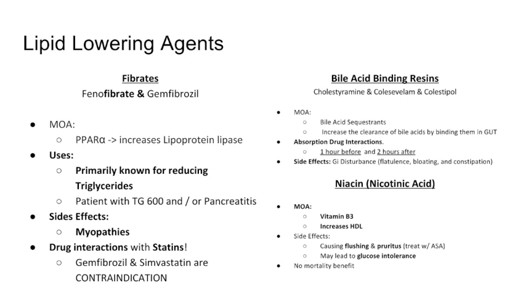I believe it's because niacin is a precursor for serotonin or histamine, and because of that, when you take it, you actually have an increase of one or the other. Now, to reduce this, we actually give niacin with aspirin. If you give niacin with aspirin, you will have a reduction in the amount of flushing and itching that you get with its administration. You can also give it in an extended release form. Additionally, niacin can also cause glucose intolerance.